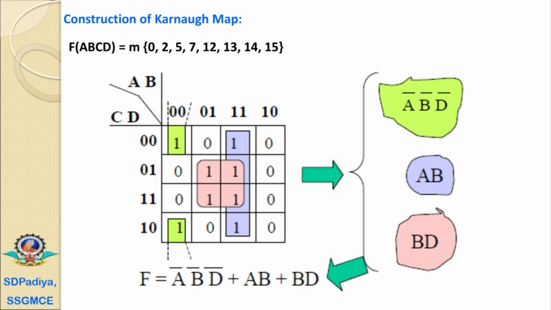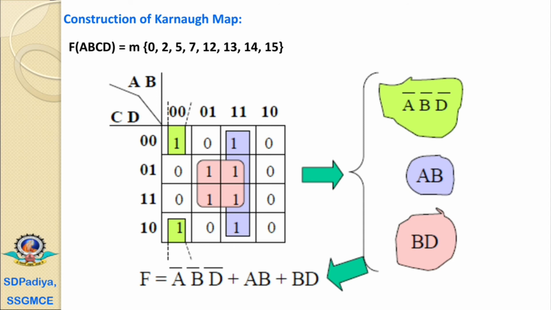Now this 1 1 we can form a pair, but again if we use this 1 1, then we can form a group of the 4 variables, and we know the rule that the group must be of the maximum variables. Therefore we have formed the group of these 4, that we call a quad. Now this quad belongs to the 2 columns and the 2 rows.